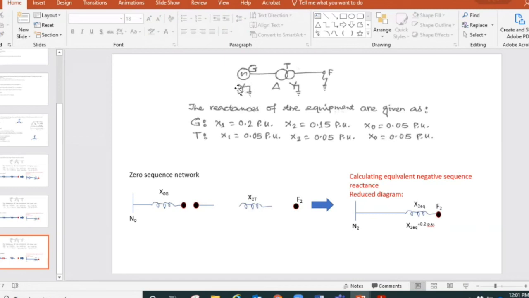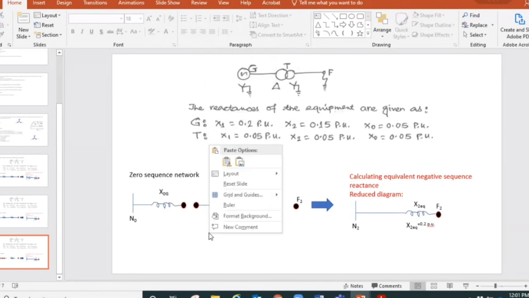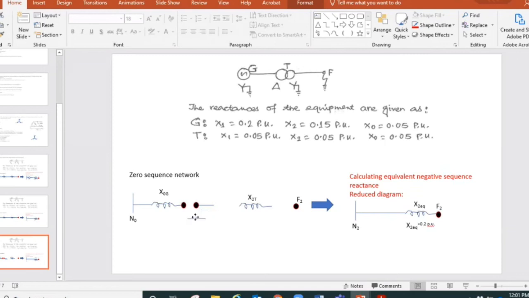solidly. So when star connected grounded solidly, what we know is the zero sequence component of current can flow in the lines. If it was not grounded, the zero sequence component of current cannot flow in the line. So now we actually can close this open.